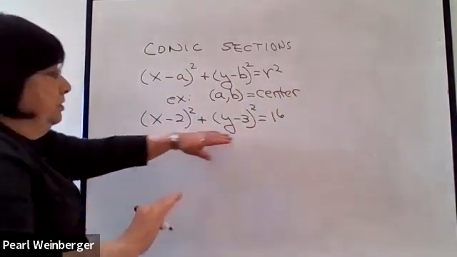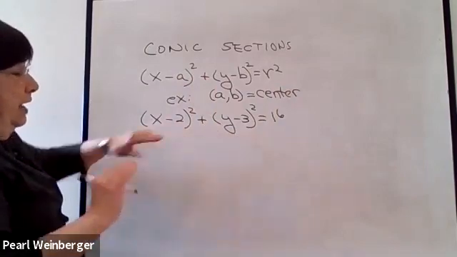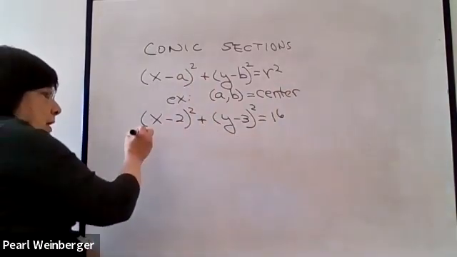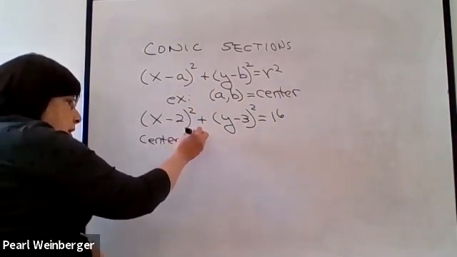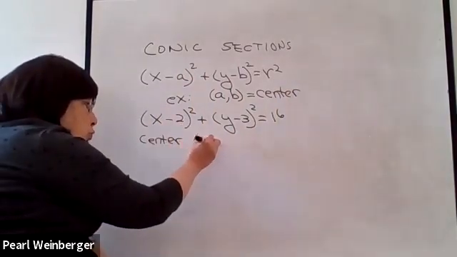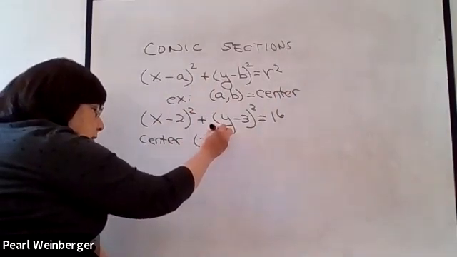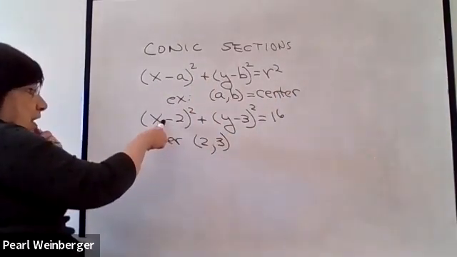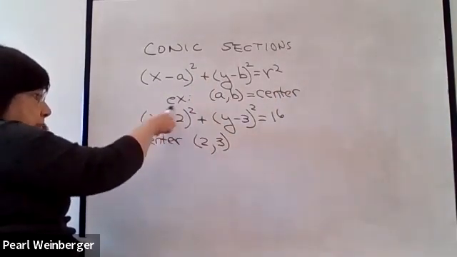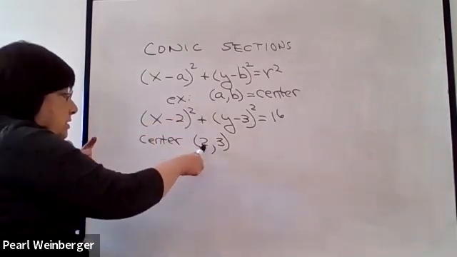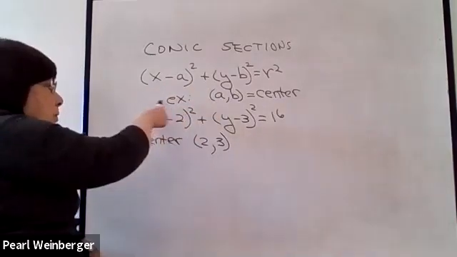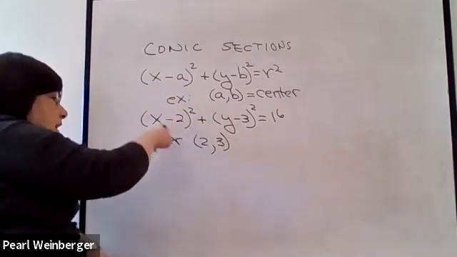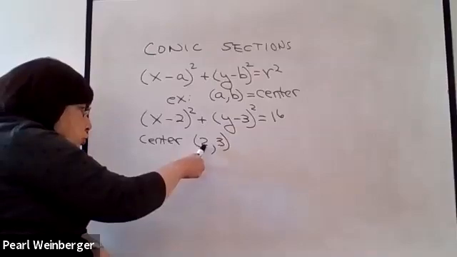So if I look at this equation, I can tell you right away that the center is (2, 3), because notice this was an x minus 2. I switched its sign because this said x minus a and the center is a. Whatever number is over here, I have to switch its sign, so it becomes a 2.